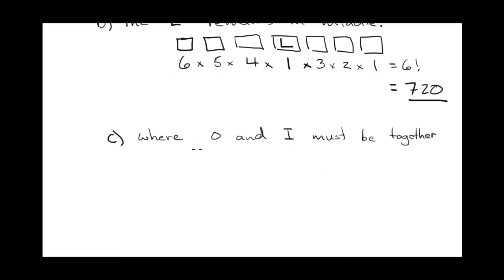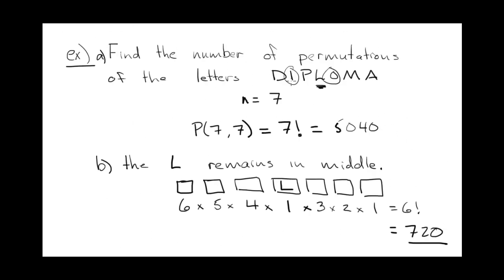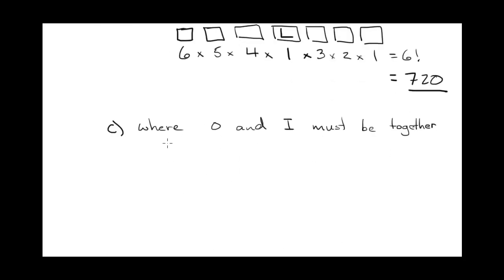So what we're going to do is, remember there's 7 positions, but since the I and the O are together, we're going to treat them as one. So treat O and I as one unit.